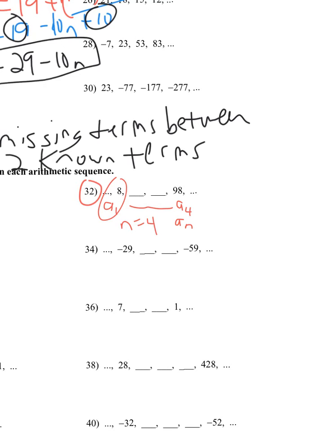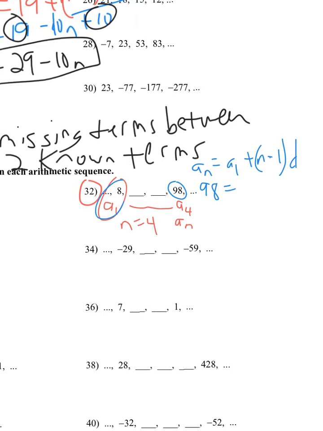And so what you want to do then is go to your nth term formula, which is an equals a1 plus n minus 1 times d, and I'm going to put in an. Now an is 98, so over on this side I'm going to put 98.